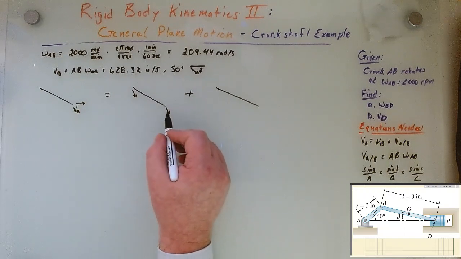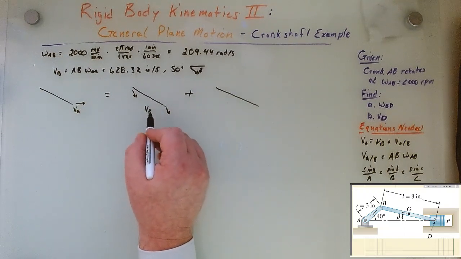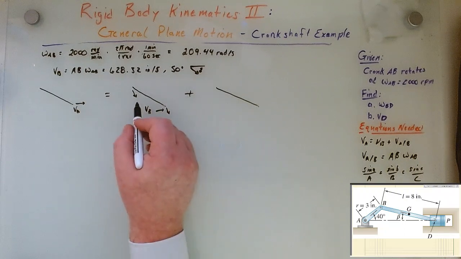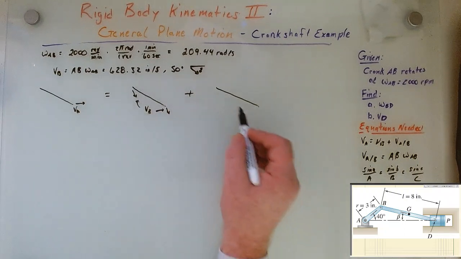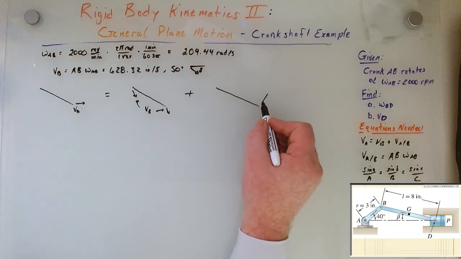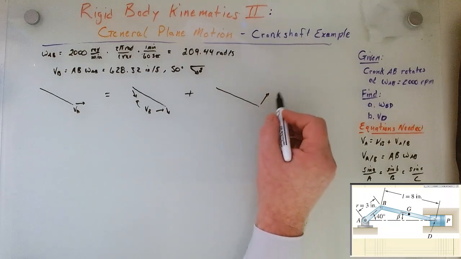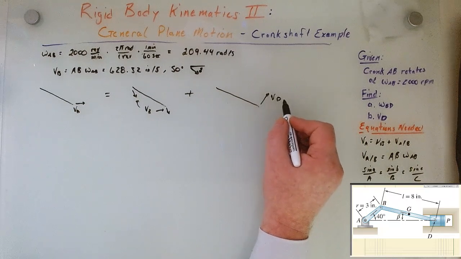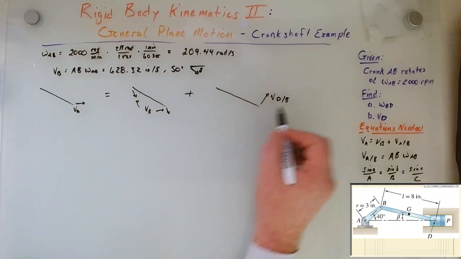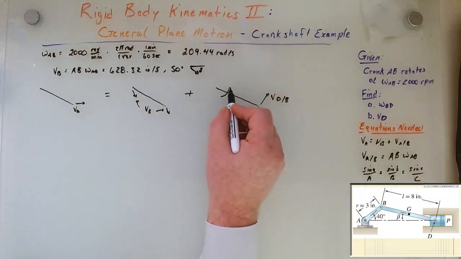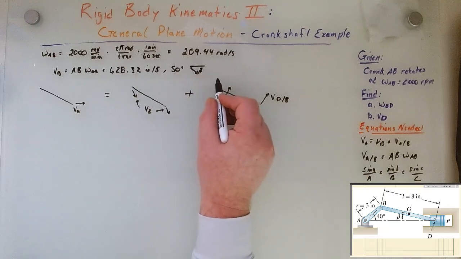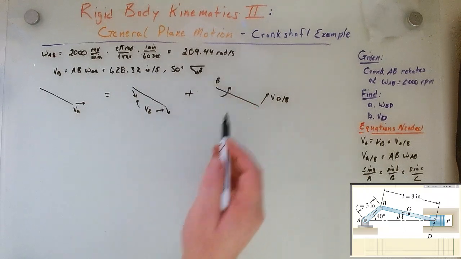Both of these being v sub b, plus the rotation part, okay? And that is, what are we at here? This is v d with respect to b, right? And that is just the rotation about point B, right, where point B is fixed.